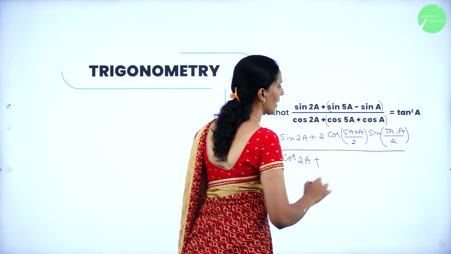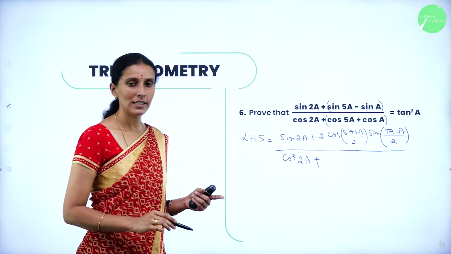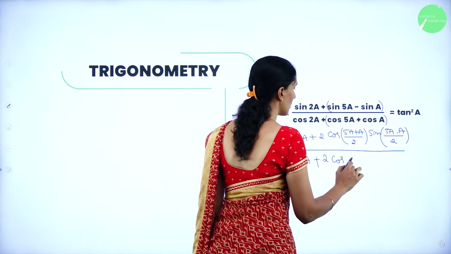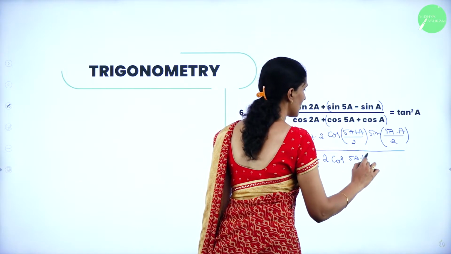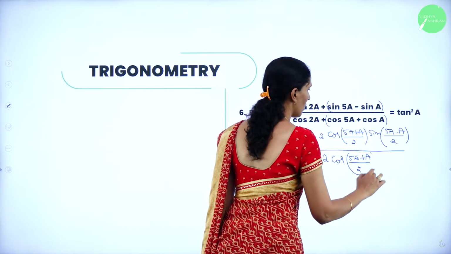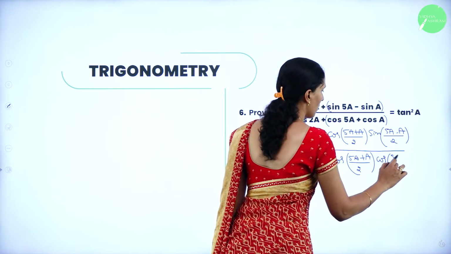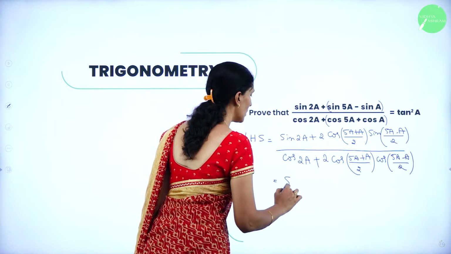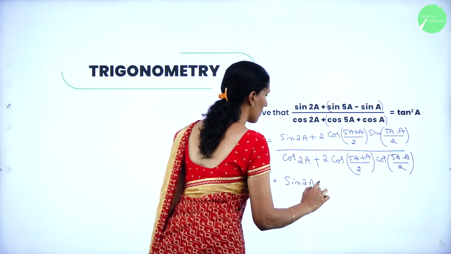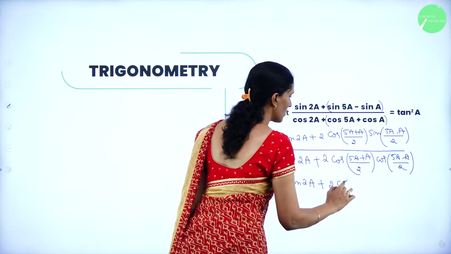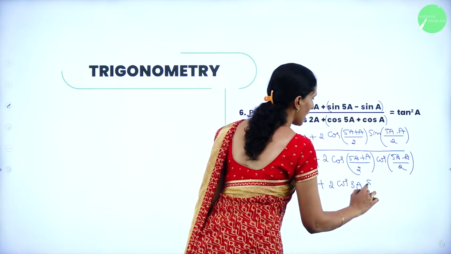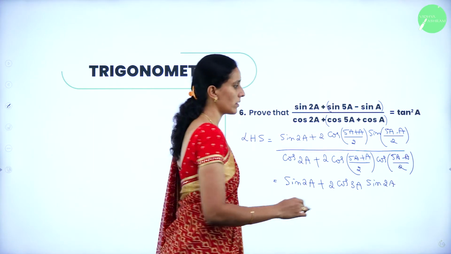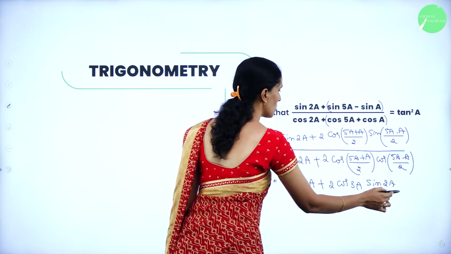I'll take cos 5a plus cos a, that is cos c plus cos d. So which is again 2 cos of 5a plus a by 2 cos of 5a minus a divided by 2. Now you have here sin 2a plus 2 cos 3a sin 2a, because it is 6a by 2 which becomes 3a, and this is 4a by 2 which becomes 2a.